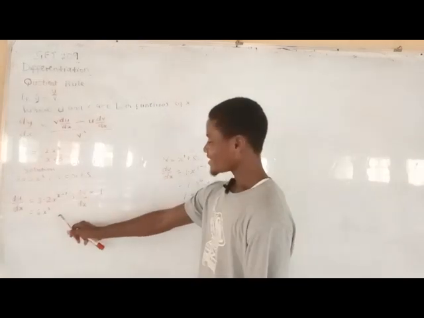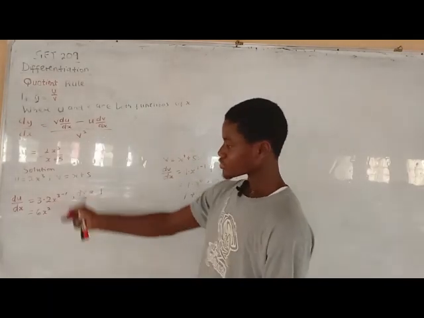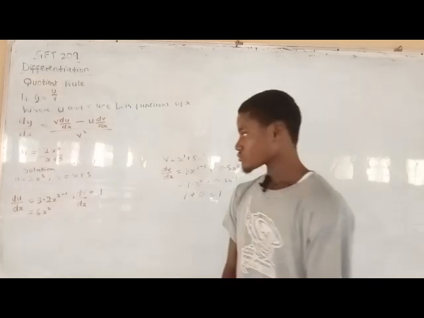So we get that dv over dx equals 1. So we have gotten all of our ingredients. All we need to do is put it inside this formula.